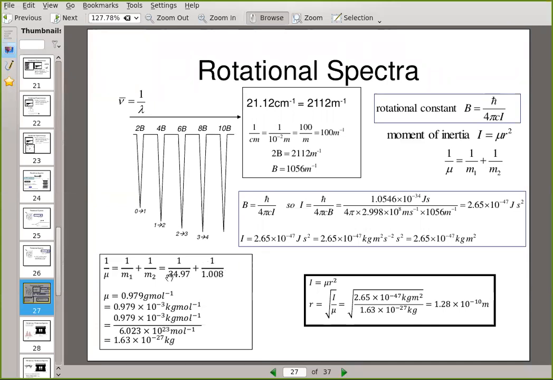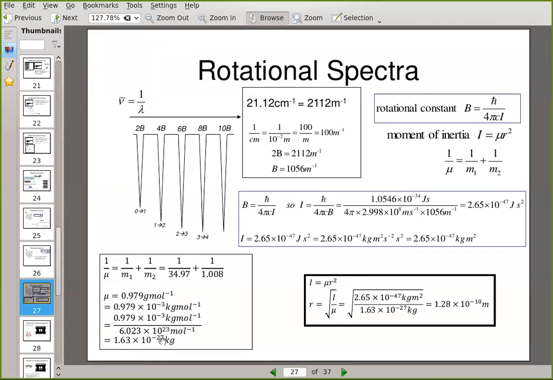I found the reduced mass in grams per mole. I've then divided by 1,000 to get kilograms per mole, and I've divided by Avogadro's number to get it in kilograms per particle, per molecule. So the reduced mass I get there is 1.63 times 10 to the minus 27.